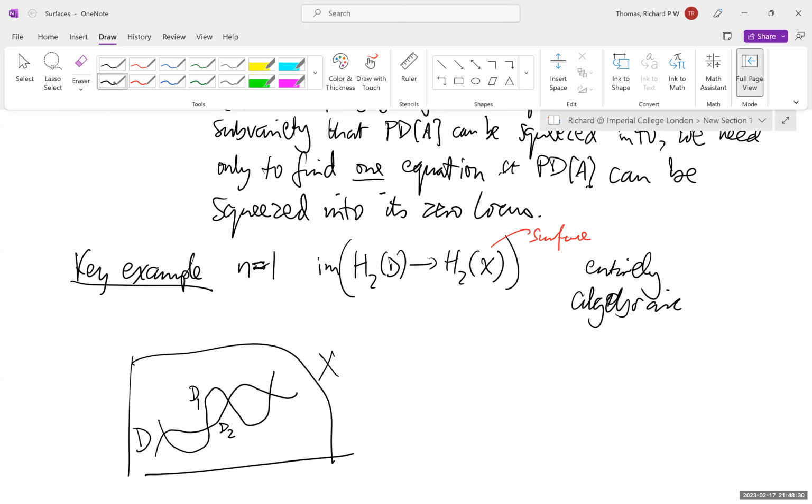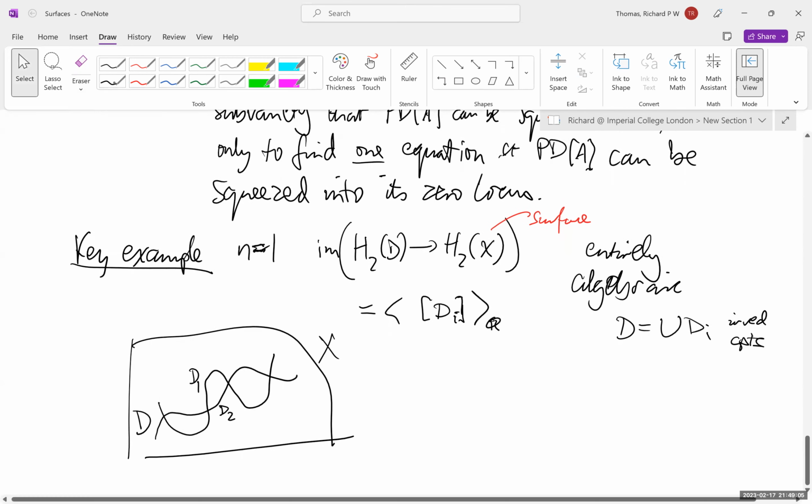So you have to take D to be reducible, and in particular singular, and then suddenly the image becomes the fundamental classes of the components, the irreducible components. So this is the span of the D_i over Q, where D is the union of D_i, or its irreducible components.